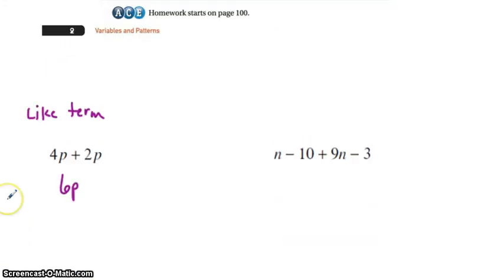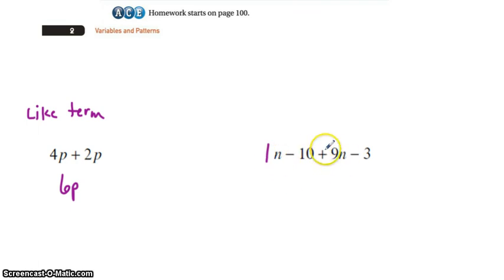All right, and finally, a little bit more complicated: n minus 10 plus 9n minus 3. Same thing applies. This n is actually like a 1n plus 9n. We're going to ignore the subtraction of 10 and the subtraction of 3 and look at the 1n and the plus 9n.